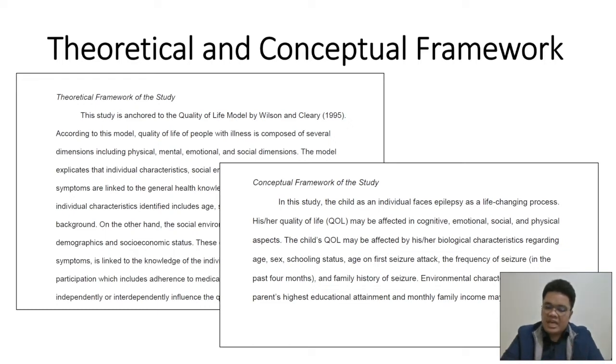Okay, so you need to be able to discuss how you assume variable A to be related to variable B. Oftentimes you need to present two sides of the coin when you are discussing it. So what do I mean by that? Let's say, for example, in this study, it is assumed that knowledge would have a positive impact on the attitude. For example, if a student nurse is knowledgeable about dengue, it is highly likely that the student nurse would also have a positive attitude towards dengue prevention.